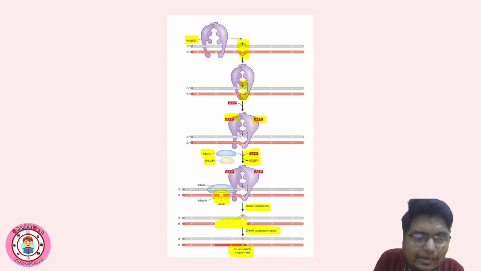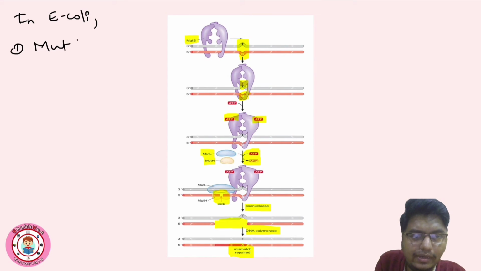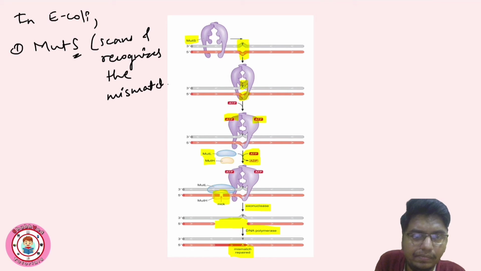So let's take a summary. This is in E. coli. First enzyme, MutS. From S, we can keep in mind scans and recognizes the mismatch, or we can say distortion.